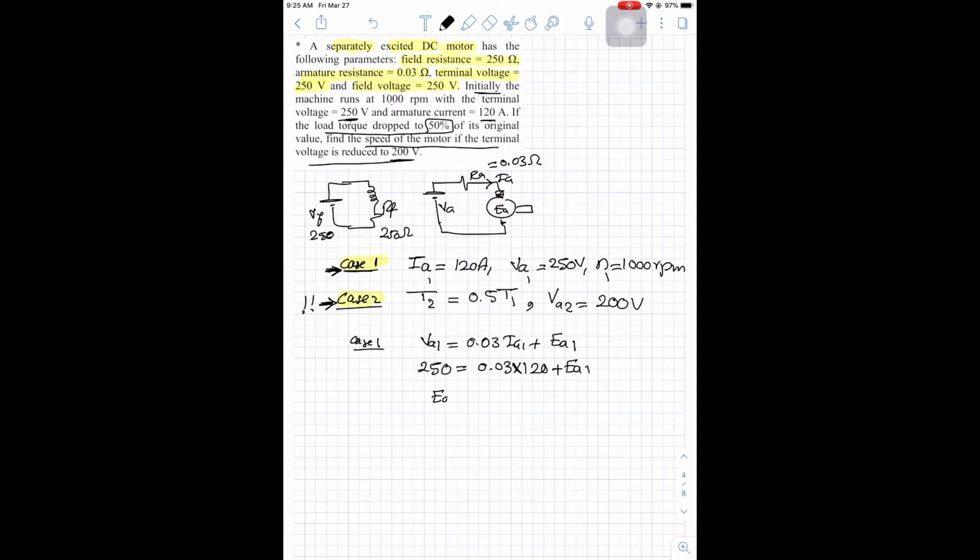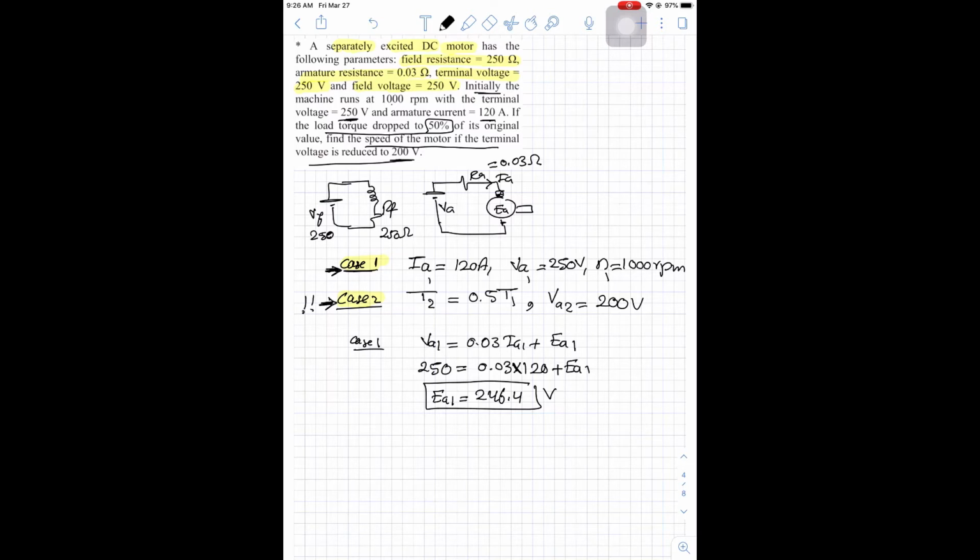So we can get EA1. Let's check this. So EA1 equal 246.4 volt.